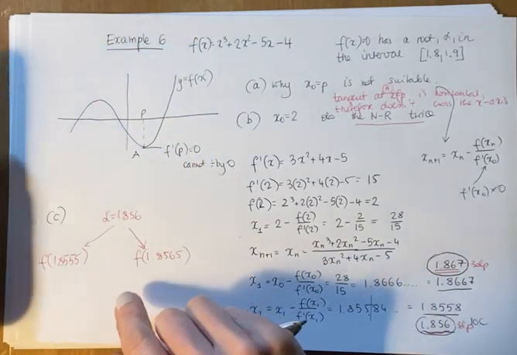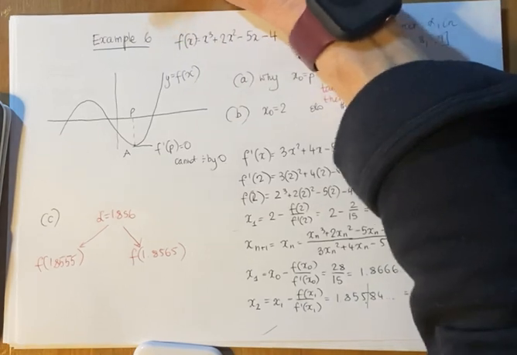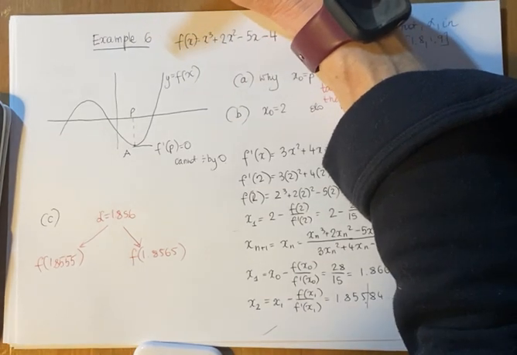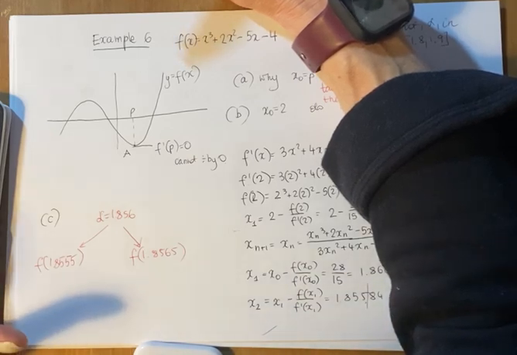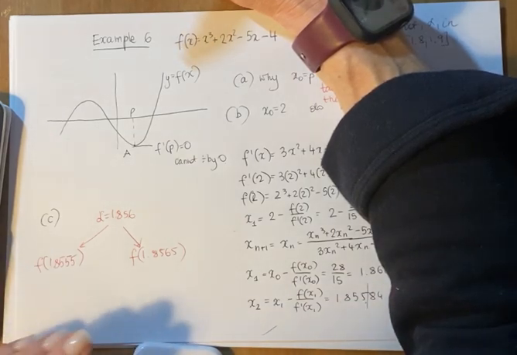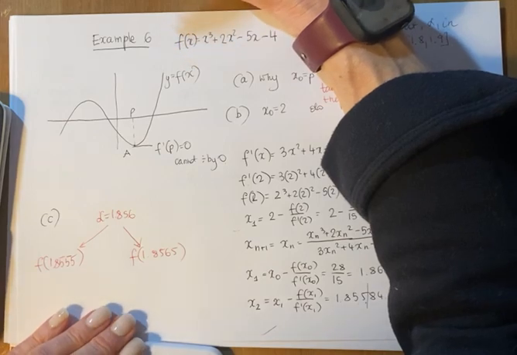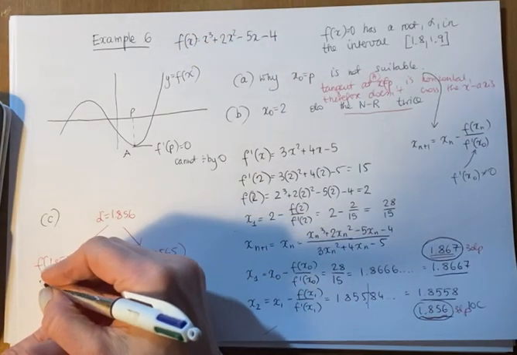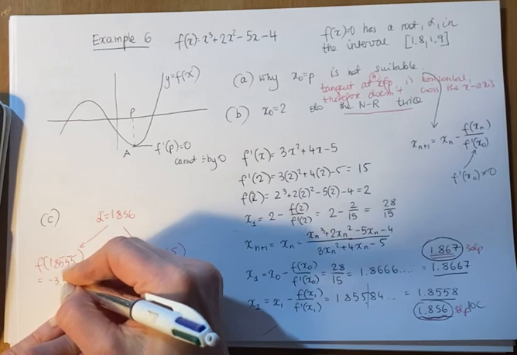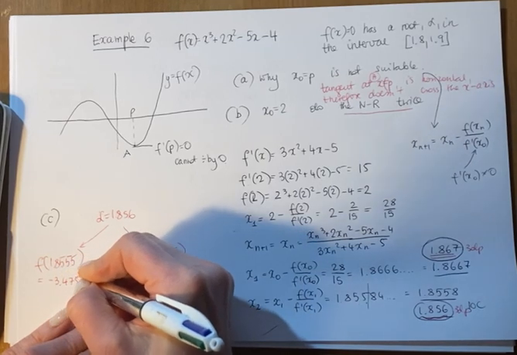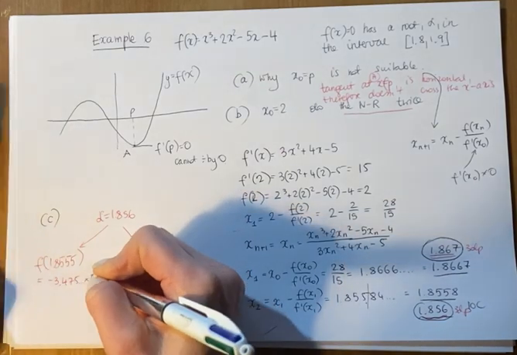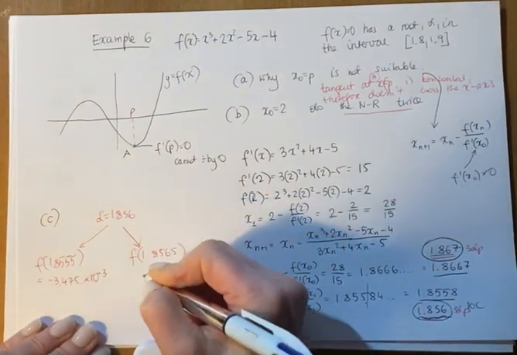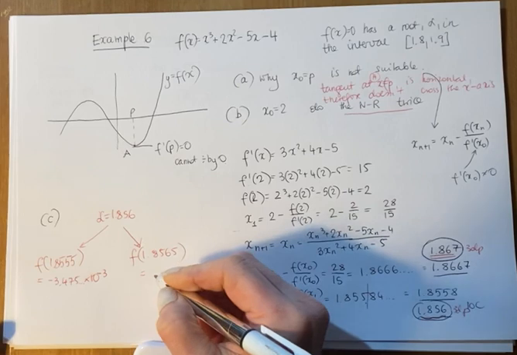Okay, so let's set 1.855. That gives me the value of minus 3.475 times 10 to the power of minus 3. Write it properly, don't miss out that standard form.